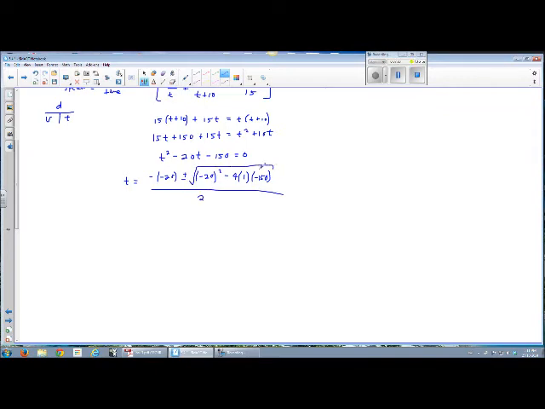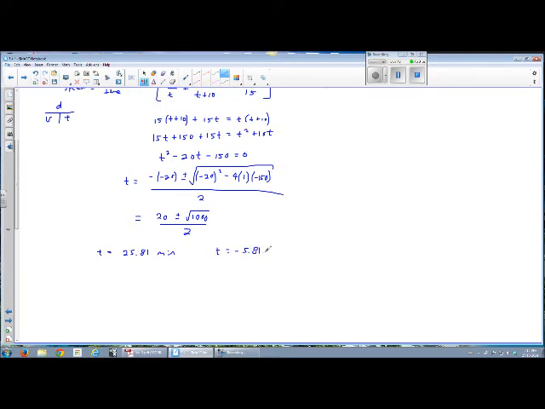After a couple steps of simplifying, I get 20 plus or minus the square root of 1000 all over 2. So t equals, after cutting a couple shortcuts, 25.81 minutes, or t equals negative 5.81 minutes.